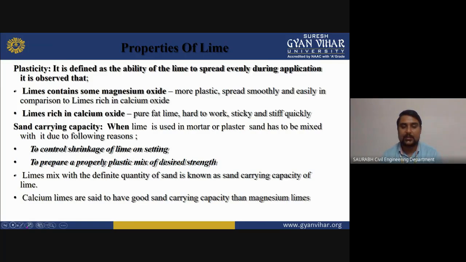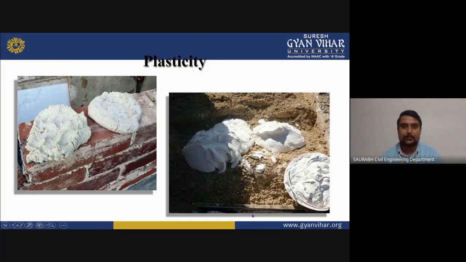So we can use calcium lime for binding, and its strength is much better than magnesium lime. And now you can see this is your plasticity, the property which provides the binding strength in the lime.